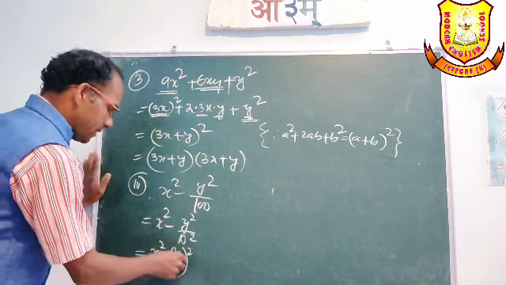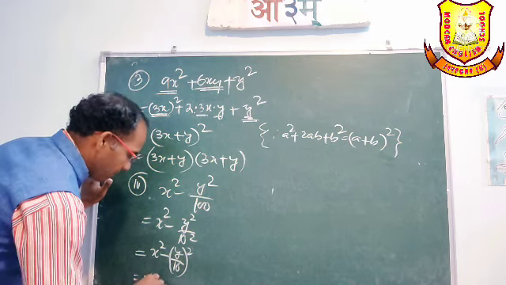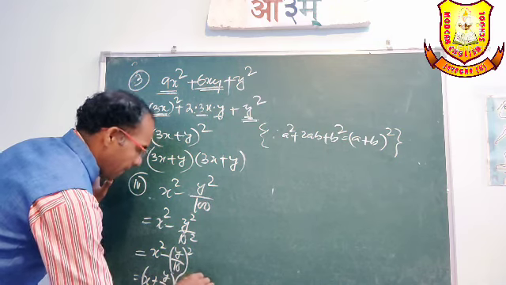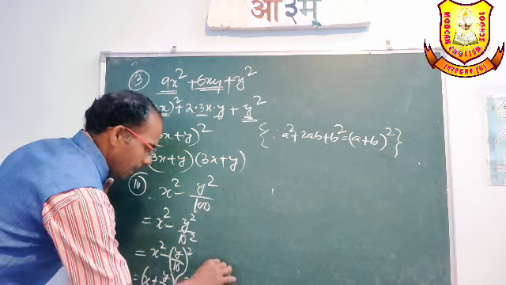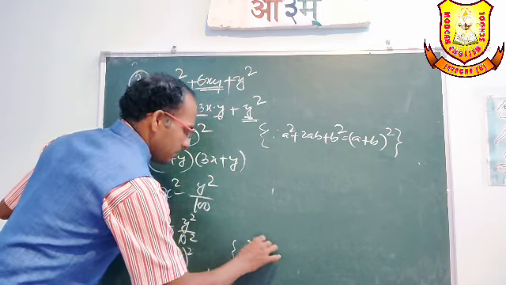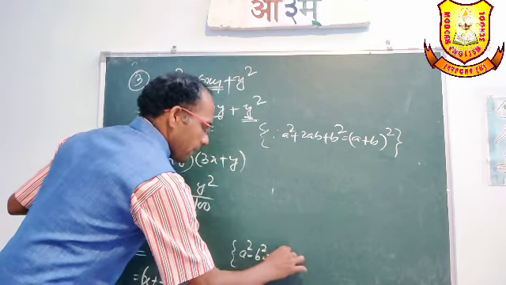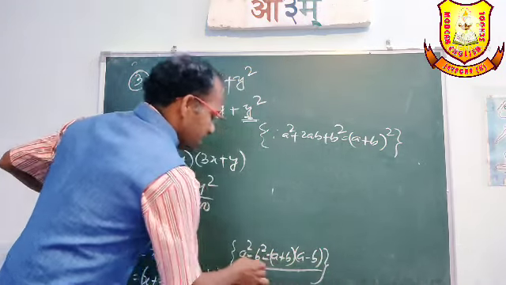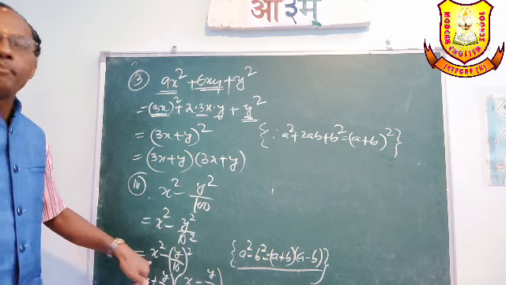So a square minus b square now. So a plus b whole into a minus b, and here we can write a square minus b square equal to a plus b whole into a minus b. This algebraic identity is applied here.